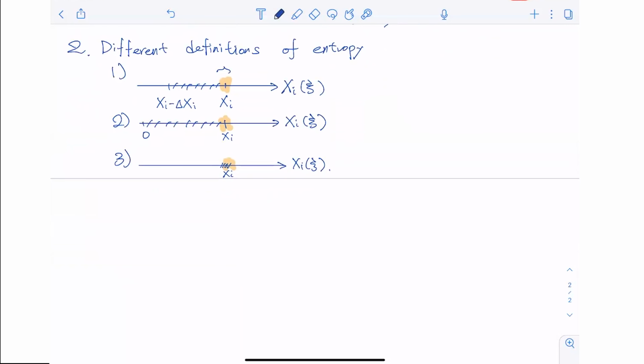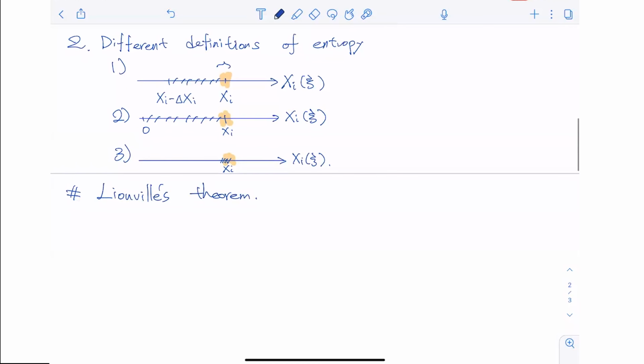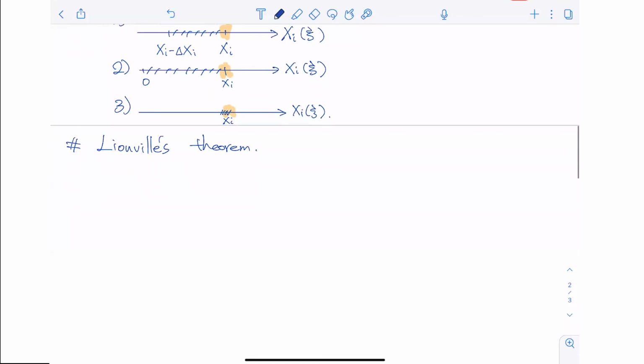Then we switch gear to another very important idea, which is Liouville's theorem. And what is Liouville's theorem?